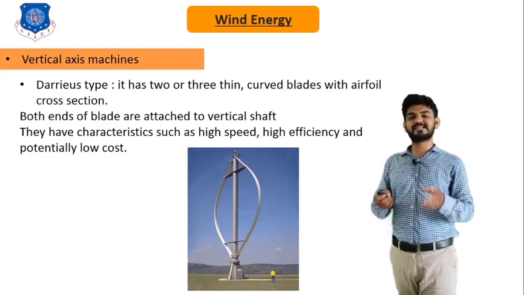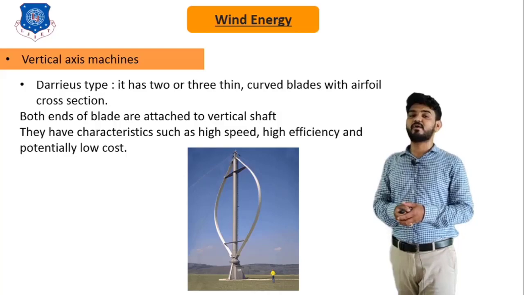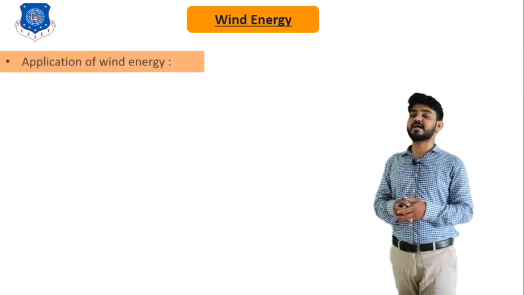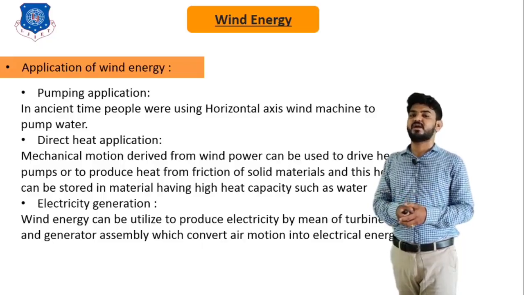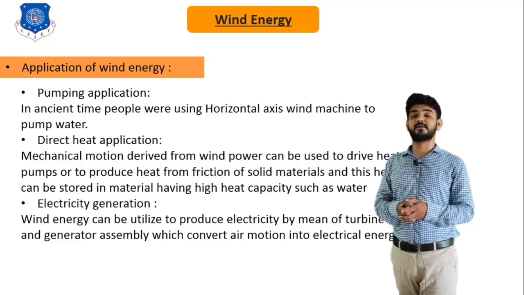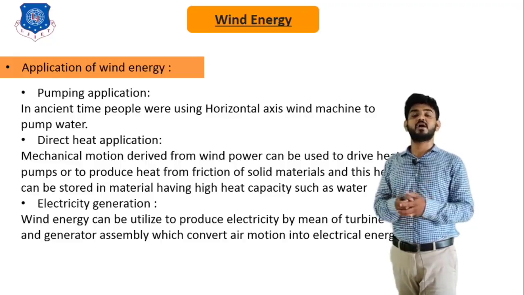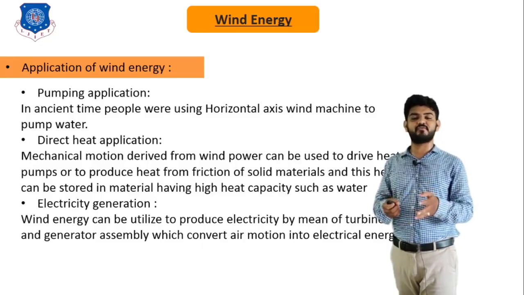Now let's see some of the applications of wind energy, and those are as follows. First is the pumping application. People from ancient times have used this type of wind energy, such as the Dutch type of windmill, to pump water from a reservoir or a river.